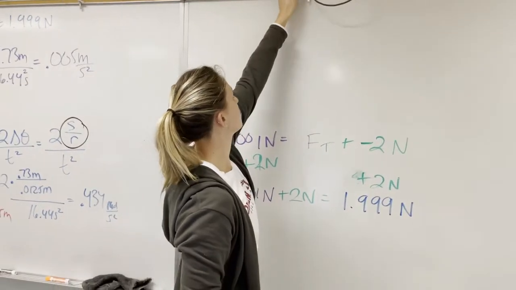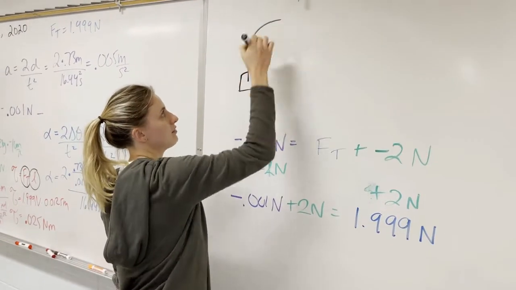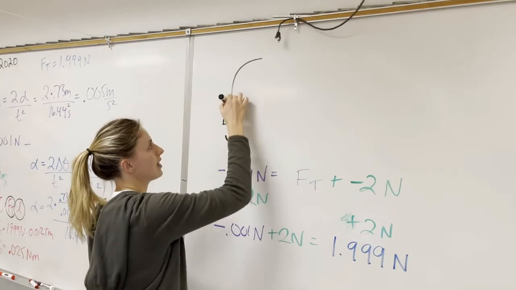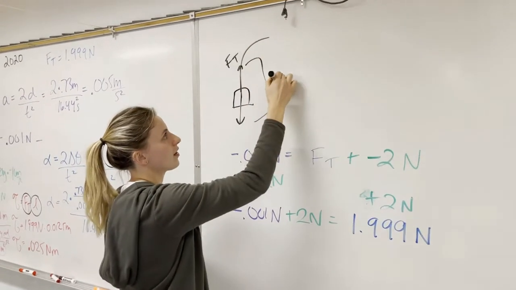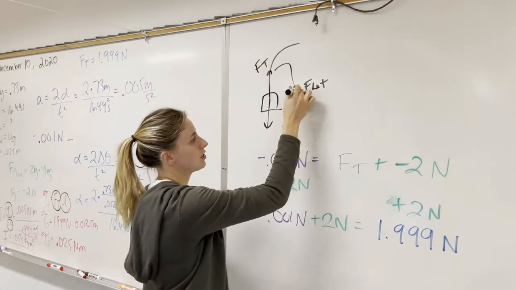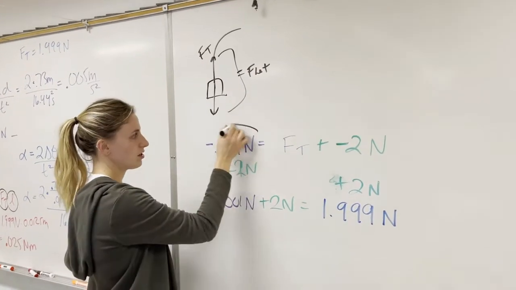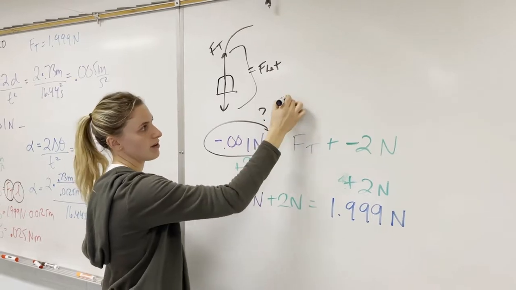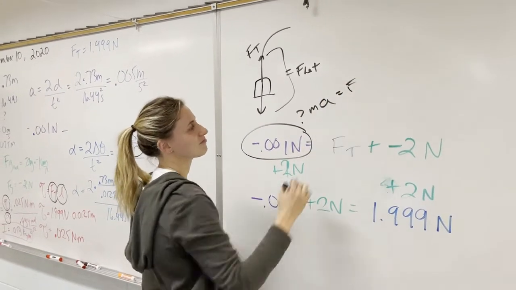We had the force of gravity down and the force of tension up. These two together equal the net force. But how do we know the net force? It's mass times the linear acceleration, the regular acceleration.